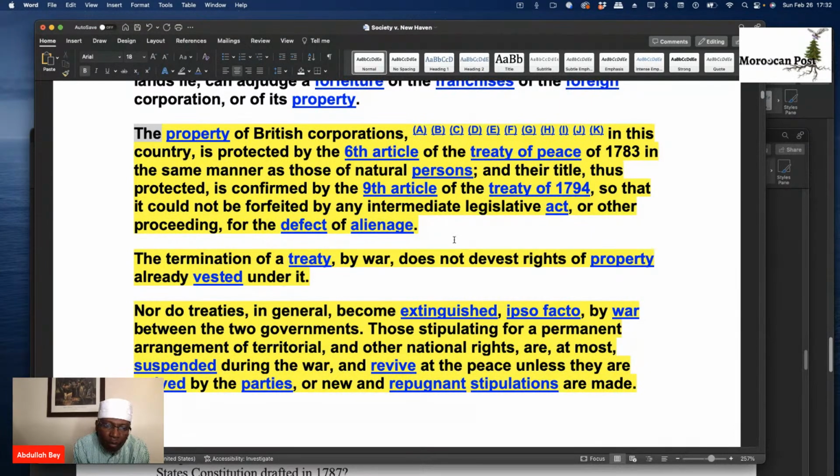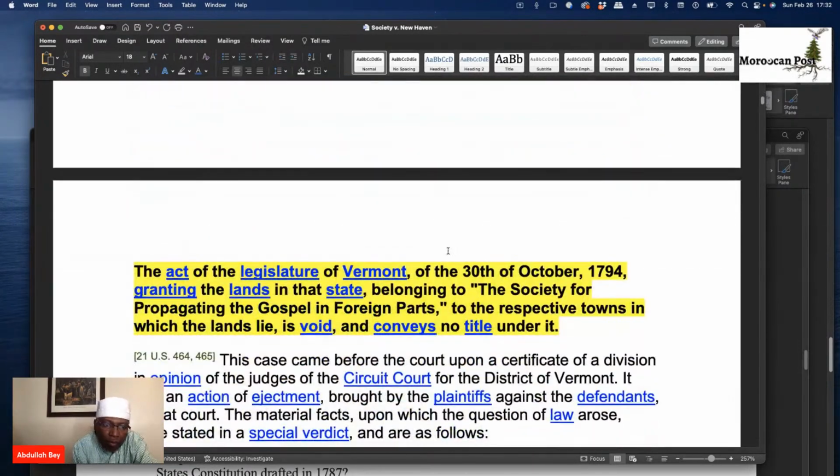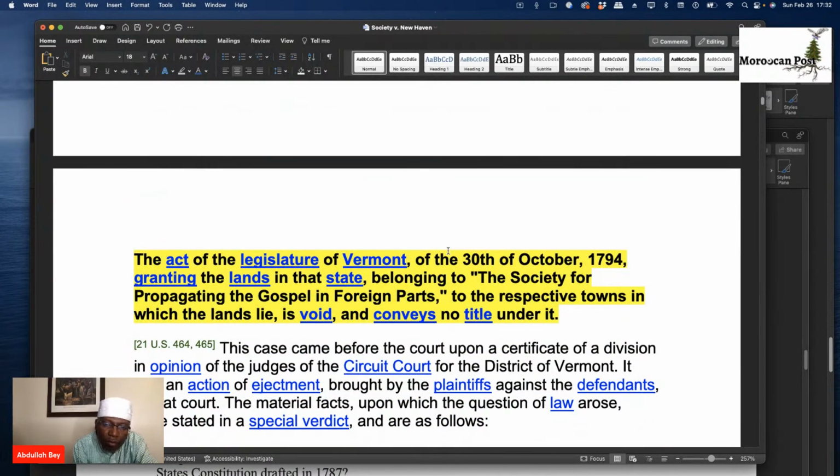Those stipulating for a permanent arrangement of territorial and other national rights are at most suspended during the war, not extinguished, but suspended during the war, and revive at the peace unless they are waived by the parties, or new and repugnant stipulations are made. The act of the legislature of Vermont of the 30th of October 1794 granted the lands in that state belonging to the Society for the Propagating the Gospel in Foreign Parts to the respective towns in which the lands lie, is void and conveys no title under it.